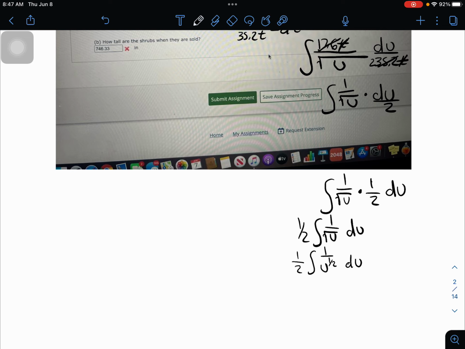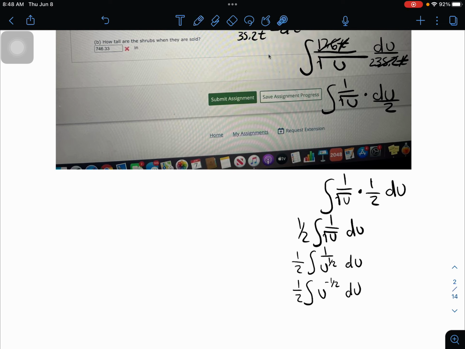And then I'm going to rewrite that, 1/2, the integral, this u to the 1/2, I can actually bring it to the top. And when I bring it to the top, that 1/2 is going to become negative. So it's going to be u to the negative 1/2 du.